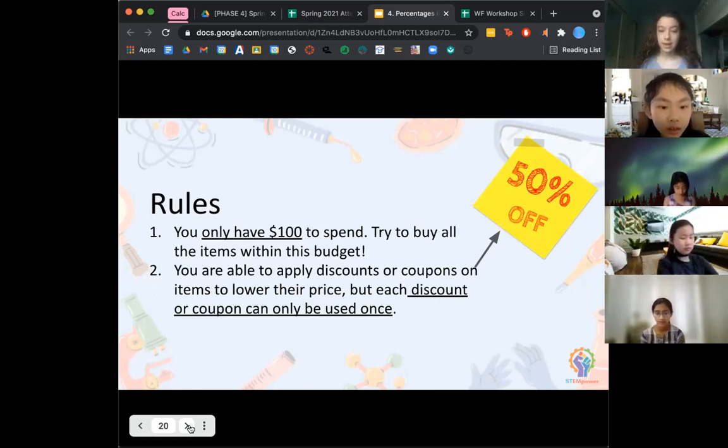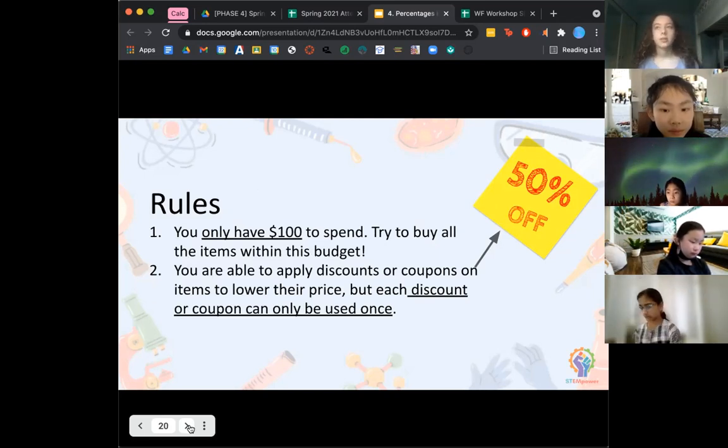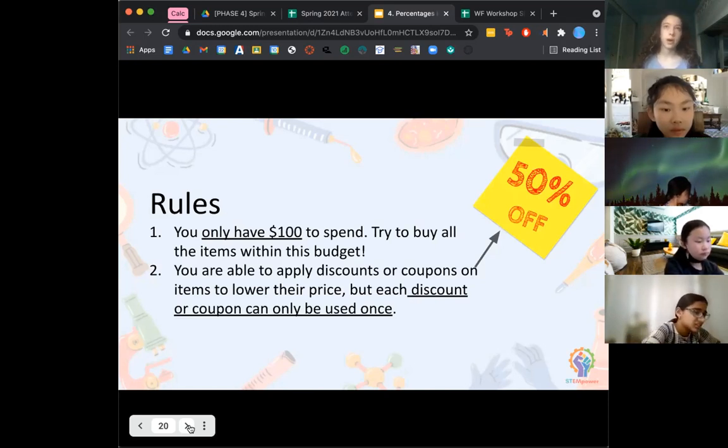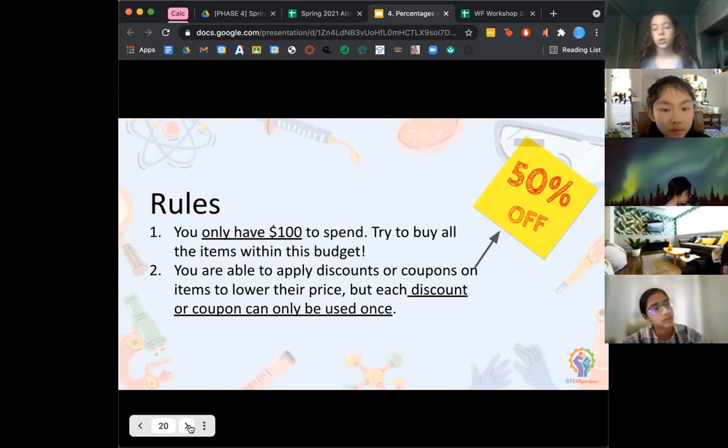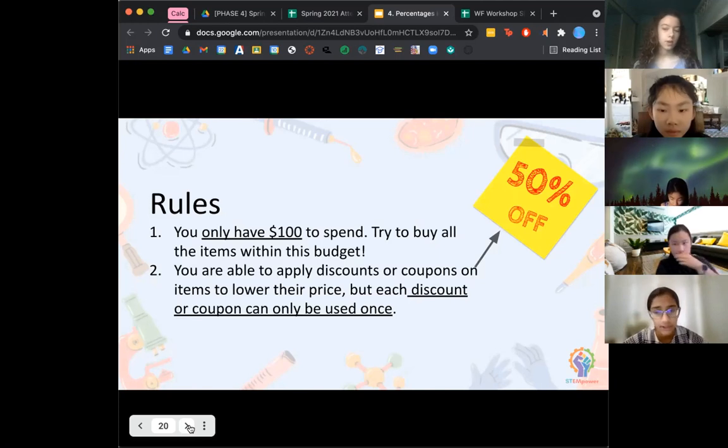You can apply discounts on items to lower their price, but each discount can only be used once. So what that means is, let's say you have a 50% off coupon, and you want to buy carrots. You buy carrots, and you use the 50% off coupon to take 50% of the price away. You can't then use that 50% if you want to buy like chips. You can only use that discount once. Does that make sense? Okay. Awesome.